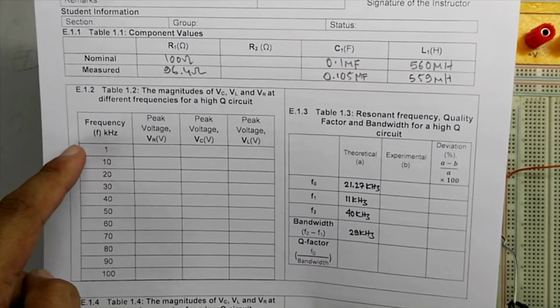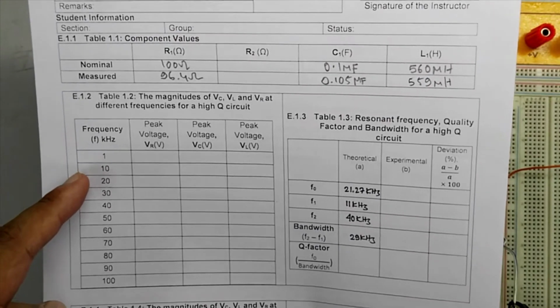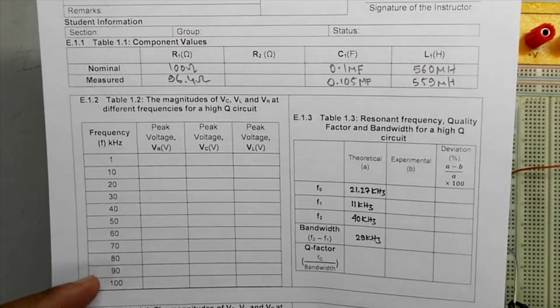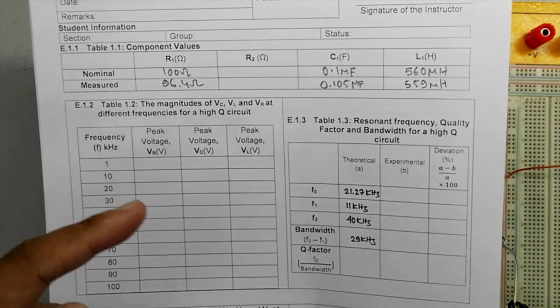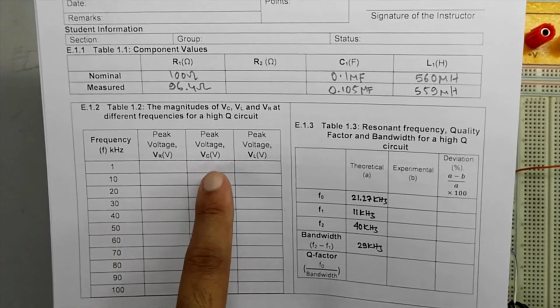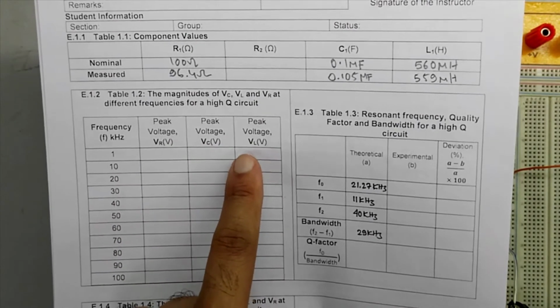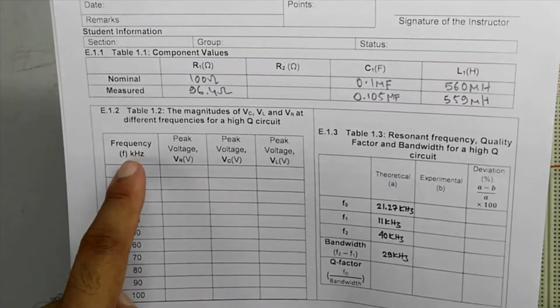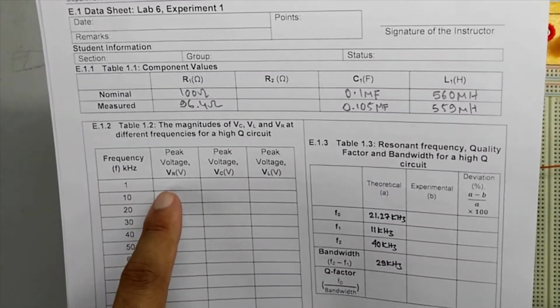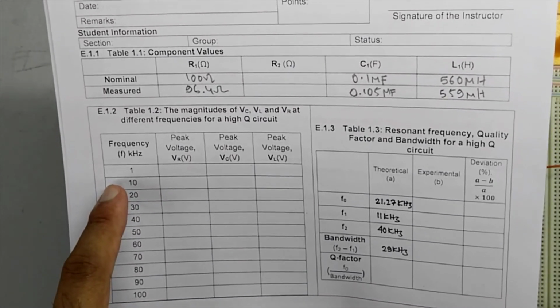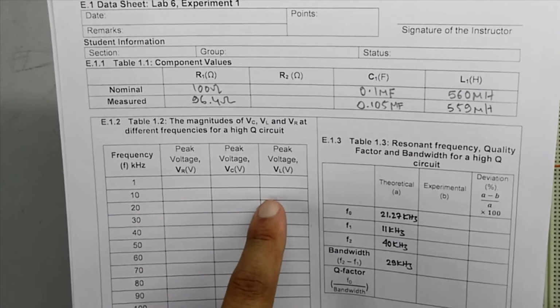Start at 1 kilohertz, and with 10 kilohertz increments we go up to 100 kilohertz, and for each of these frequencies we record the voltage across the resistance, the capacitance, and the inductance. Ideally we would set the frequency to 1 kilohertz and take all 3 readings, then set the frequency to 10 kilohertz and take all these readings.